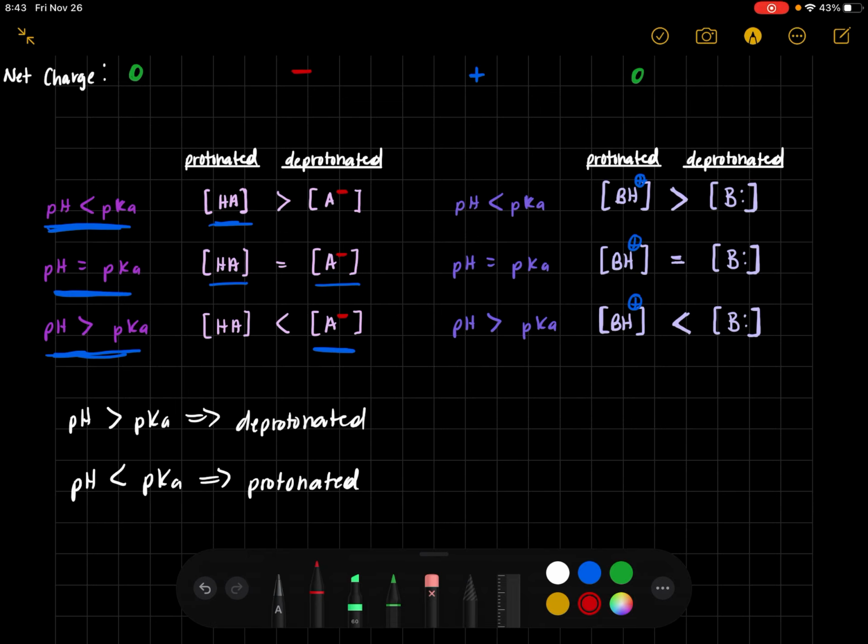In contrast, for basic side chains, when pH is less than pKa, the protonated positively charged form will predominate. When pH is equal to pKa, the concentration of the protonated and deprotonated forms will be equal. And when pH is greater than pKa, the deprotonated neutral form will be the predominant species in the solution.